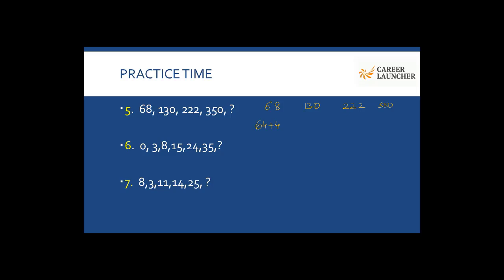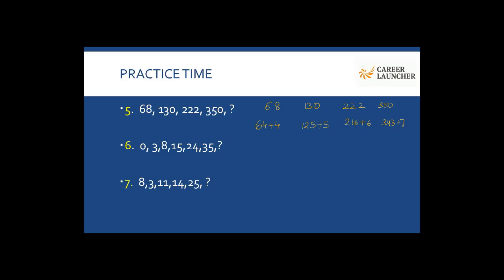Let's see if we can identify such a pattern with other numbers as well. 130 is closer to 125, and it's 5 more than 125. 222 is 216 plus 6. 350 is 343 plus 7.